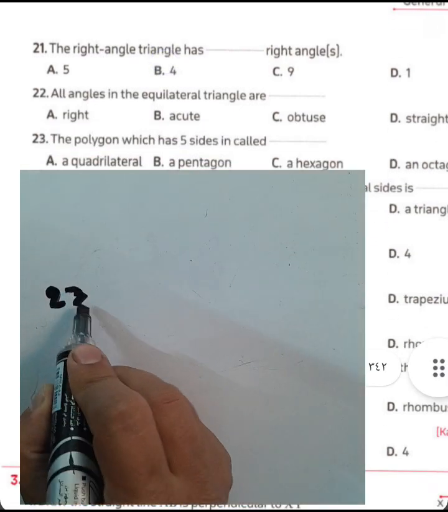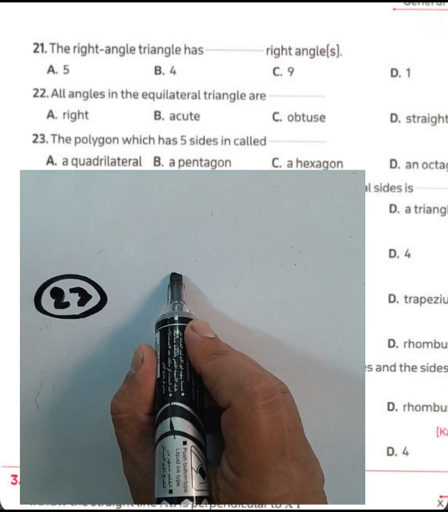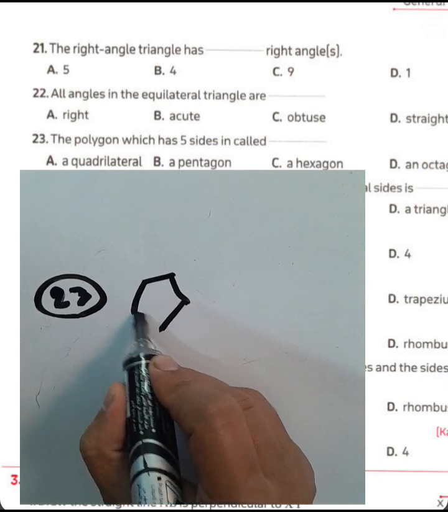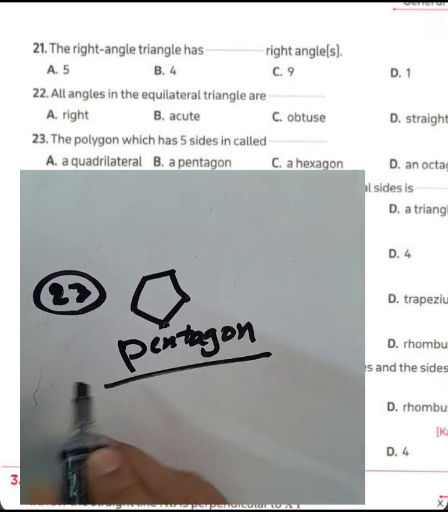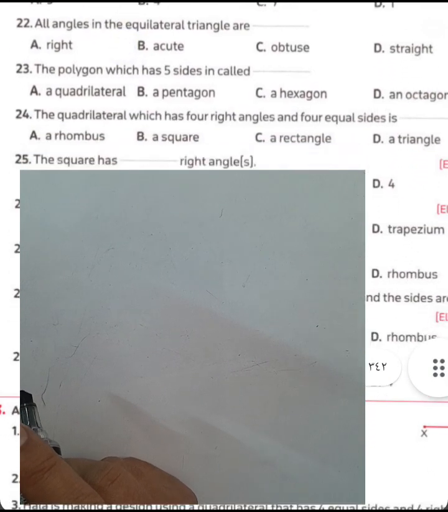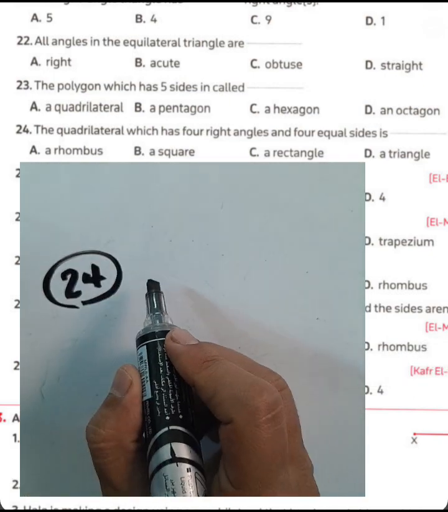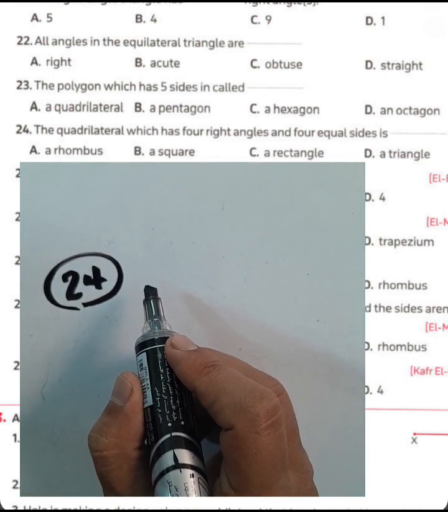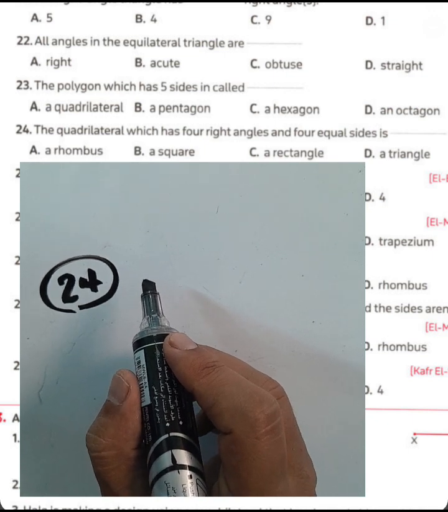Question 23. The polygon which has 5 sides is called a pentagon. 1, 2, 3, 4, and 5. We call it a pentagon. Question 24. The quadrilateral which has 4 right angles and 4 equal sides, we call it a square.